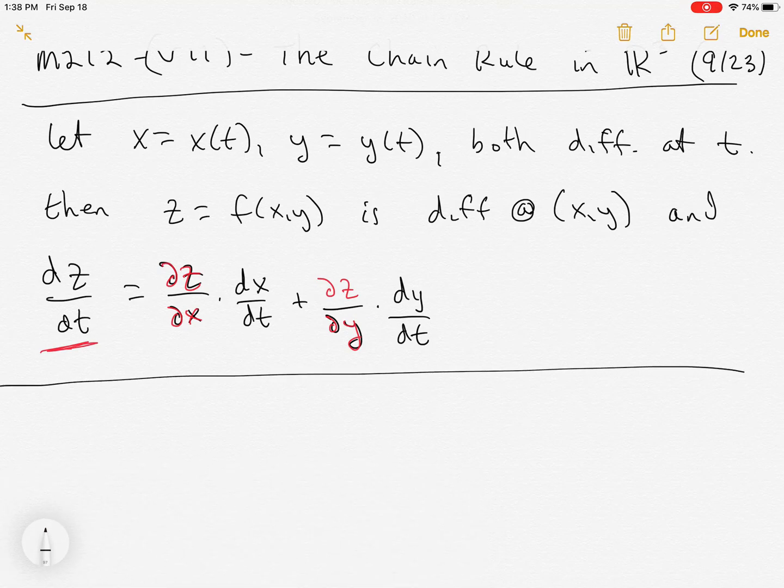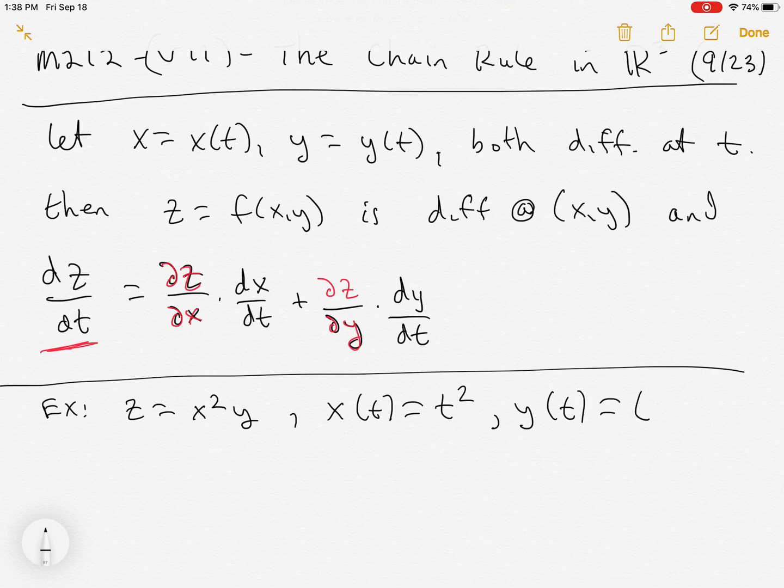So let's look at an example here. We're going to let z be the function x squared y, so that's my f of xy. x of t is t squared, and y of t is t cubed. And we want to compute dz dt.